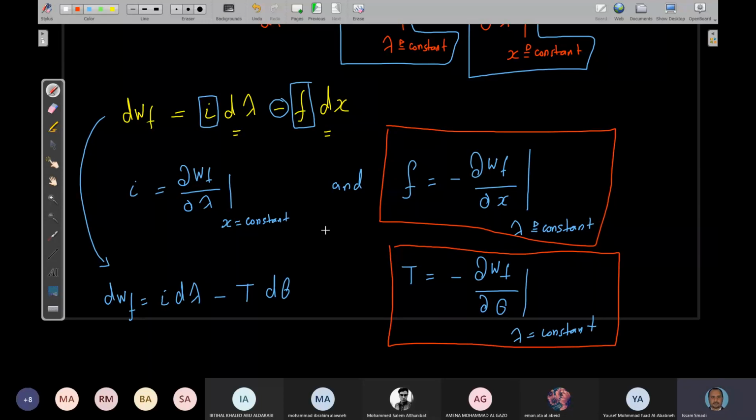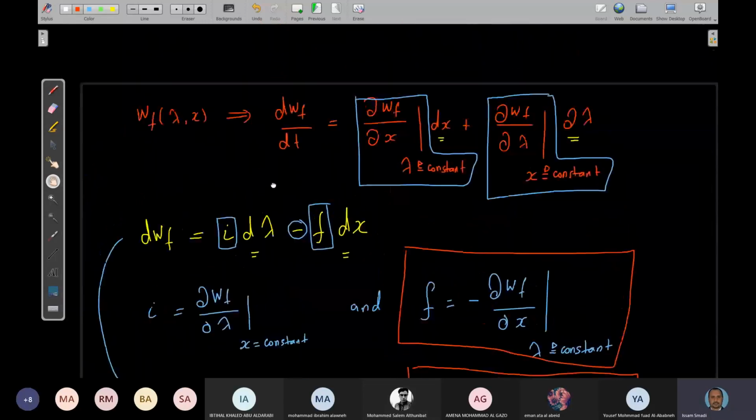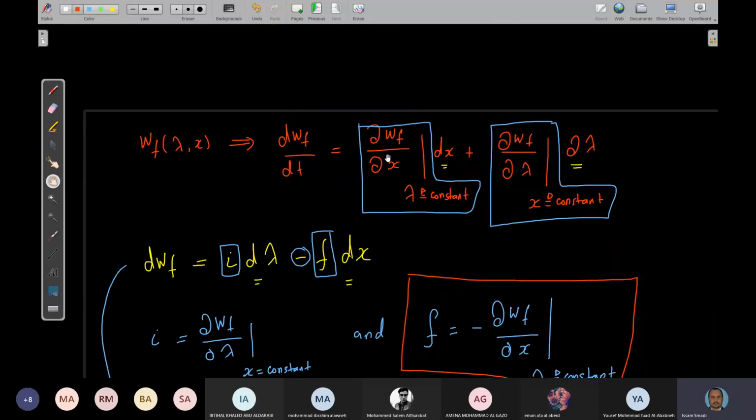But remember that this is mathematically required, not physically required, which means that in order to apply the chain rule, if I need to differentiate, I should fix one of the variables. So this is a mathematical requirement, not a physical requirement.